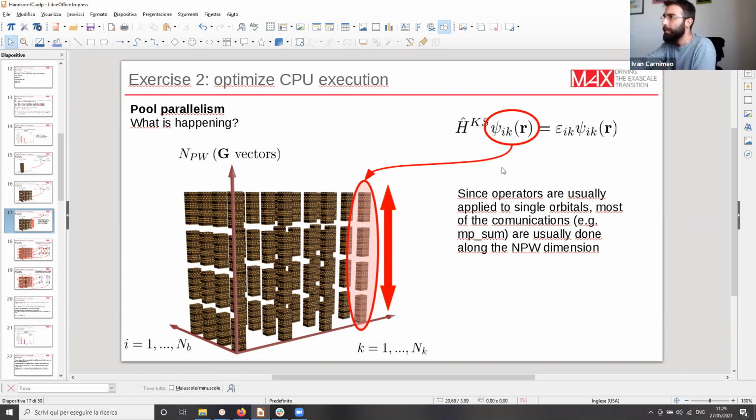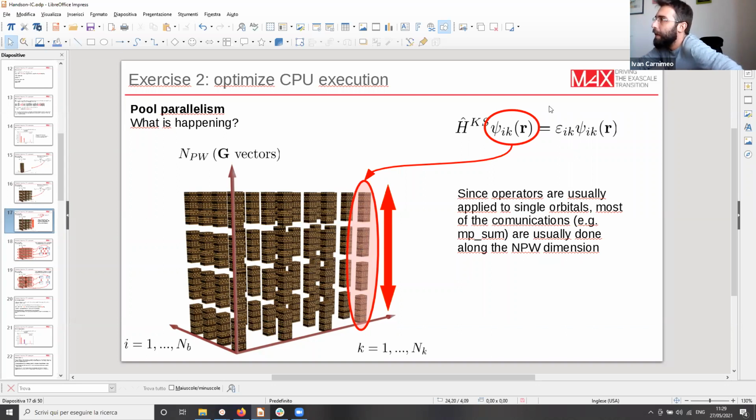This means that if we split the orbital along the plane wave dimension, this core here does not have the entire orbital, and this MPI process here does not have the entire orbital.